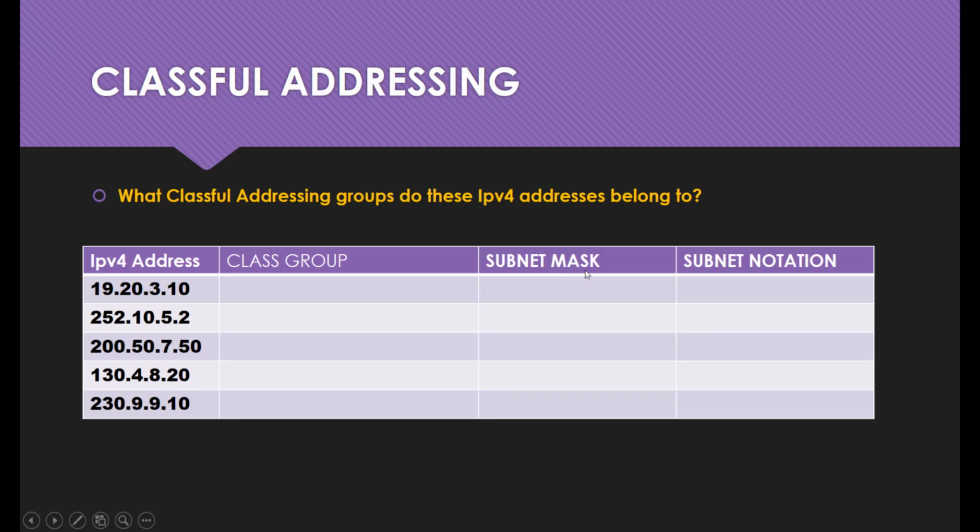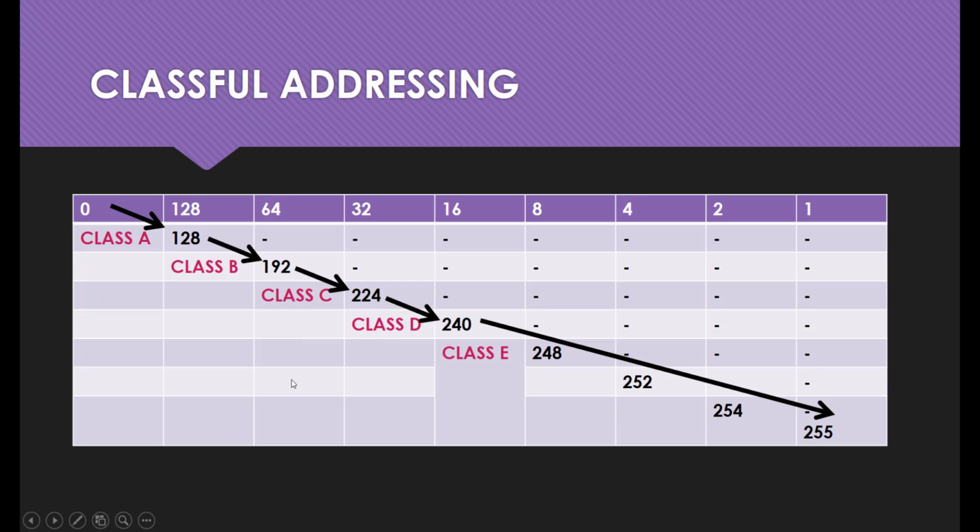That's right. And the subnet mask we will have, remember, for class A, is the first octet as the network portion, all ones. So we have 255.0.0.0. And the subnet notation says that the first 8 bits are all ones, which are all on, meaning they are the network portion. So we should have /8. And if we look at this table, it gives us an idea of how to achieve that.